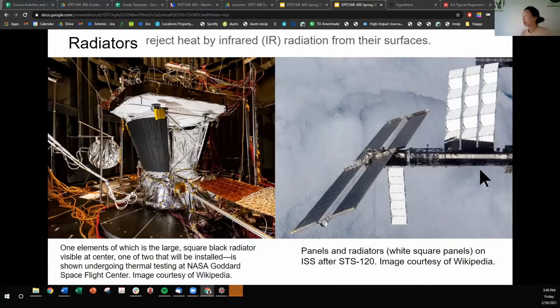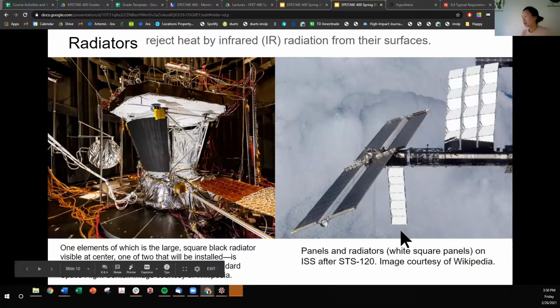Radiators use their surface area to eject heat into deep space. They scale with the amount of surface area that they have. It also matters what material you make it out of, because wherever this heat source is coming from, you can flow more heat across this surface area if your material is more conductive.